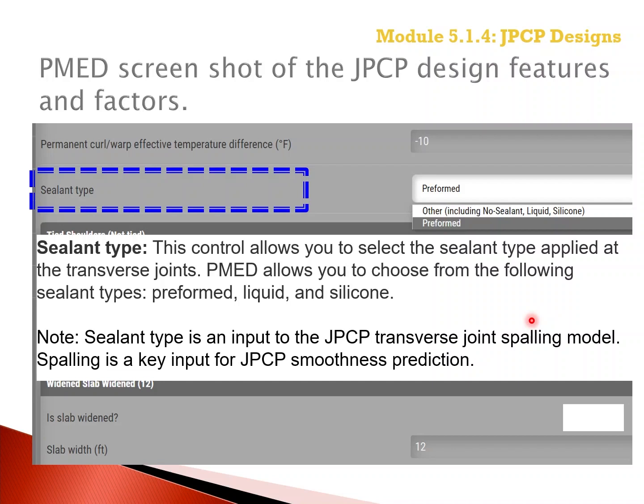The other note to make is the sealant type is an input to the JPCP transverse joint spalling model. Spalling is a key input for the JPCP smoothness prediction that we just discussed in module 5.4.3 on smoothness degradation.